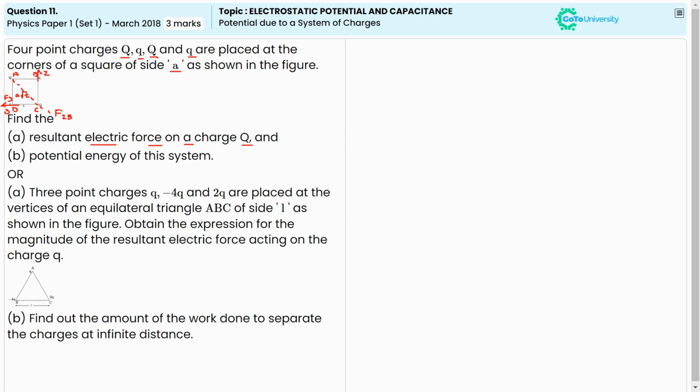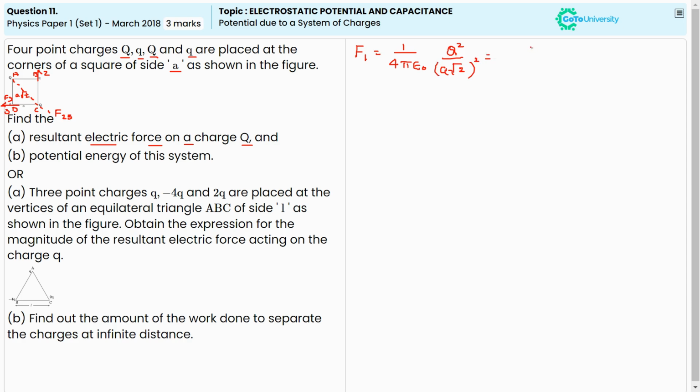Now, force due to the other charge Q, F1. F1 is equal to 1 upon 4 pi epsilon naught into Q square divided by a into under root of 2 whole square.